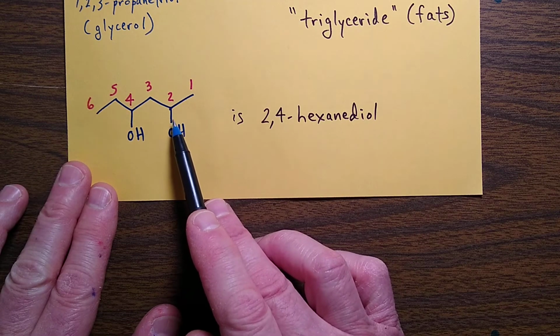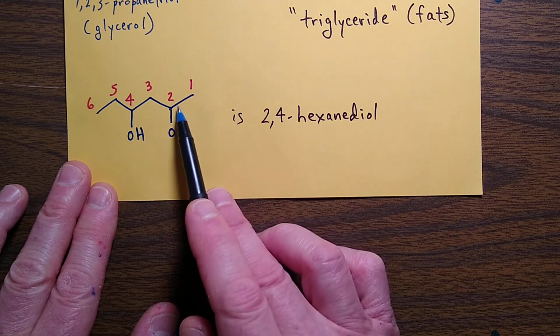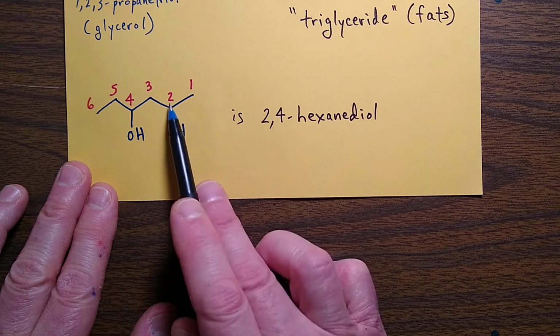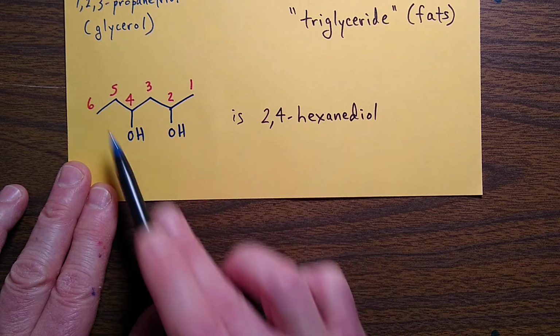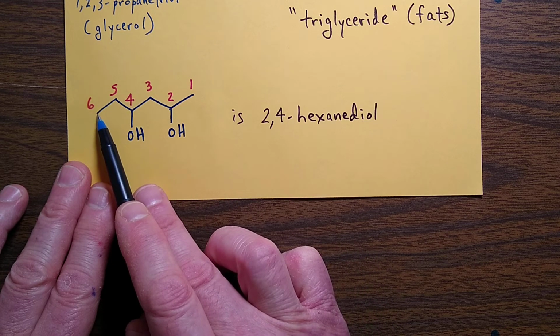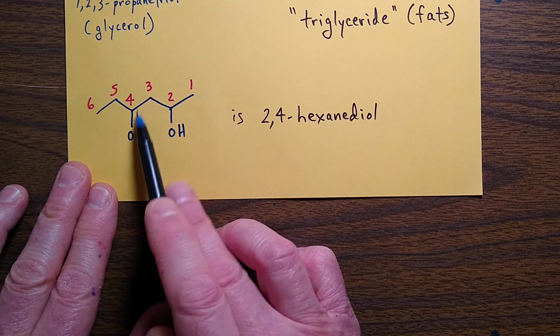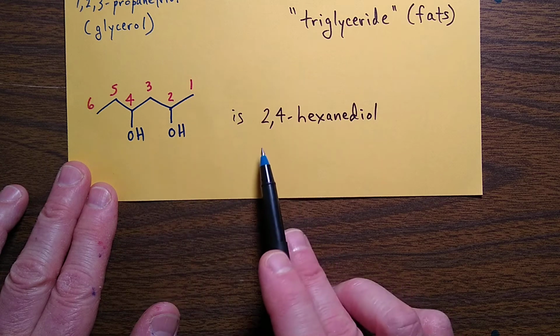So you don't know which OH takes priority. So all you have to do is number the longest carbon chain to give the OH, wherever they are, the lowest numbers. So I'd number it from this direction, 1, 2, 3, 4, 5, 6. If I started from this direction, that would mean that this OH is at the 3rd position, 1, 2, 3, and this one's at the 5th position. So 2, 4 is a lower combination than 3, 5.